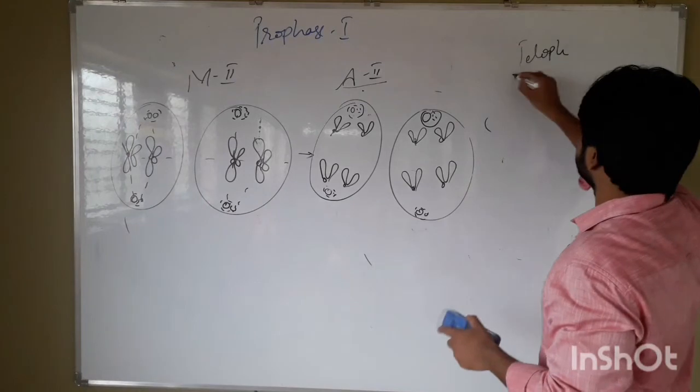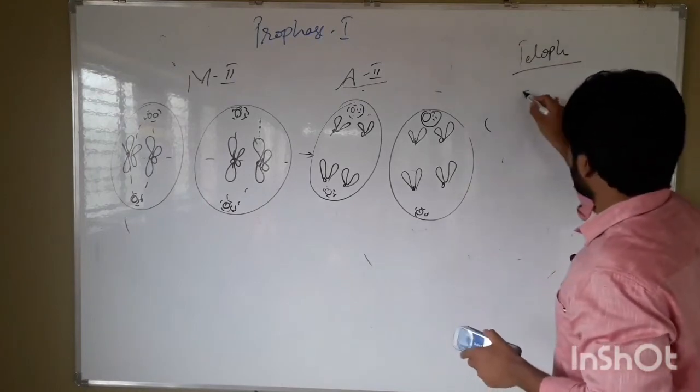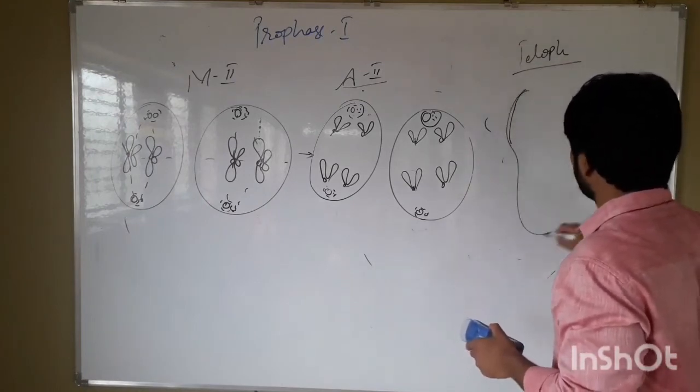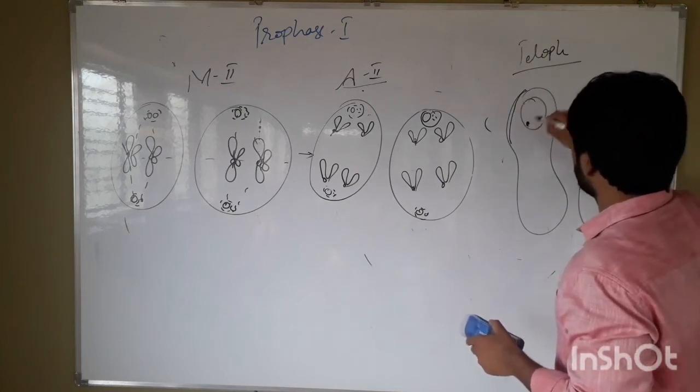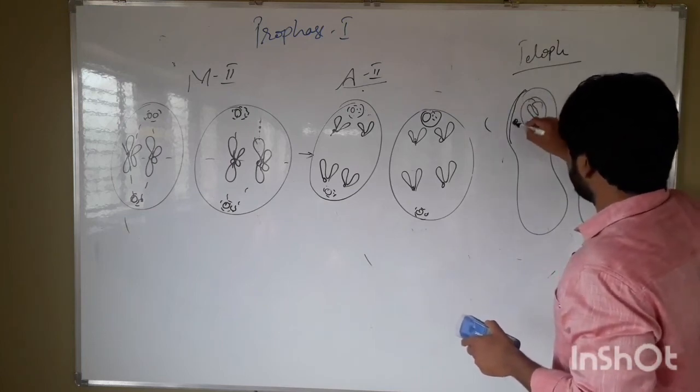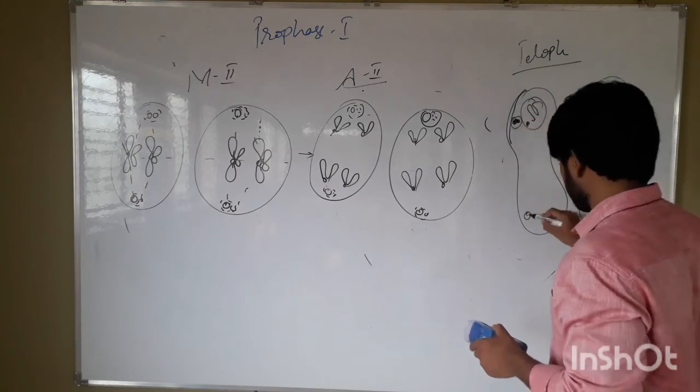During telophase 2, again a reversal of prophase events takes place. Nucleolus and nuclear membrane start to reappear. Centrioles come to their original position.